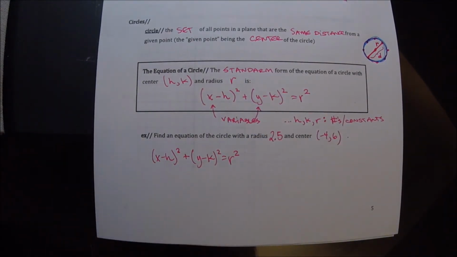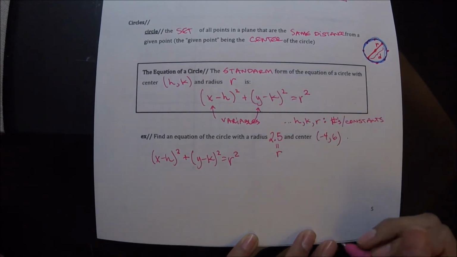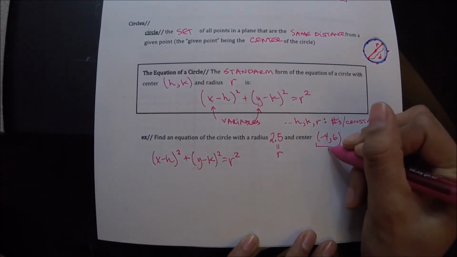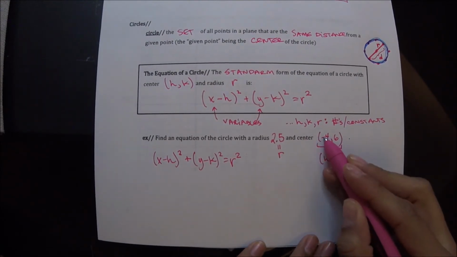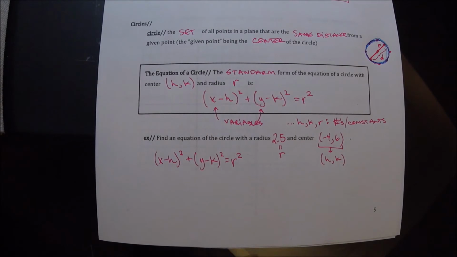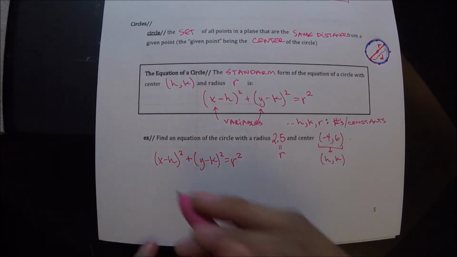So that's what you should write down first, just the skeleton of the formula. And then r should be 2.5, and since this is the center, that's what we call (h, k). So h is -4 and k is 6. So all we're going to do is substitute these numbers into this equation.